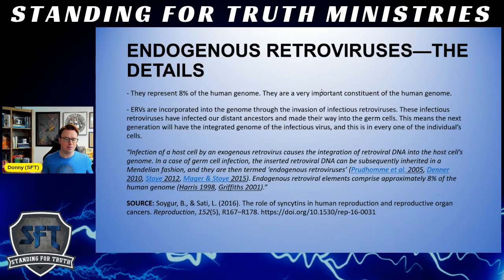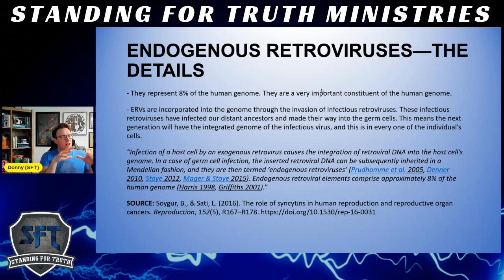They represent about 8% of the human genome. They are a very important component of the human genome. As I just explained, ERVs are incorporated into the genome through the invasion of infectious retroviruses over millions of years, according to the evolutionary story. These infectious retroviruses have infected our distant ancestors and made their way into the germ cell.